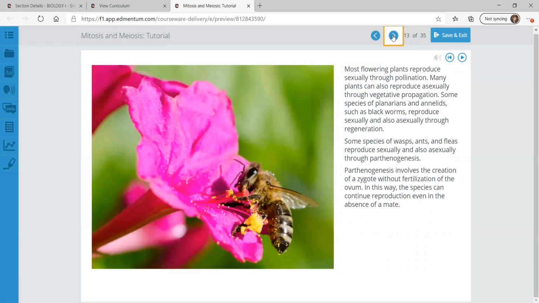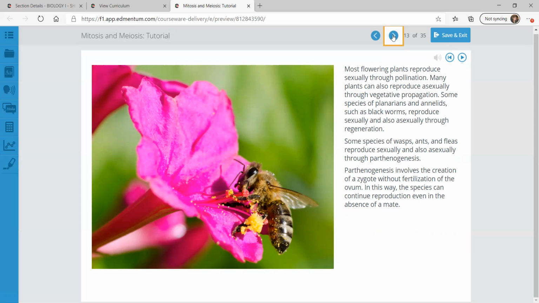Most flowering plants reproduce sexually through pollination. Many plants can also reproduce asexually through vegetative propagation. Some species of planarians and annelids, such as blackworms, reproduce sexually and also asexually through regeneration. Some species of wasps, ants, and fleas reproduce sexually and also asexually through parthenogenesis.